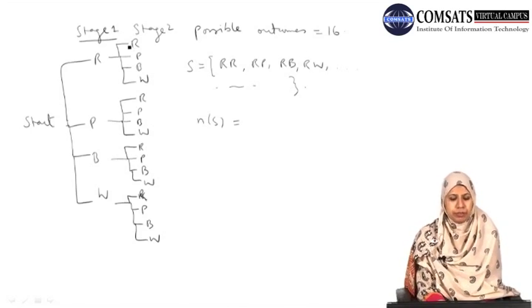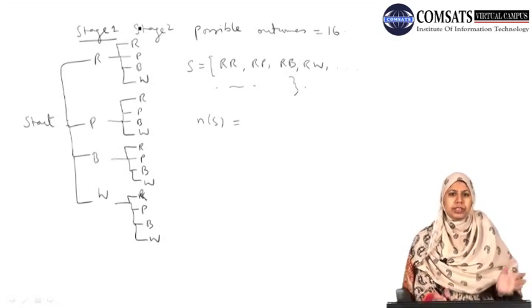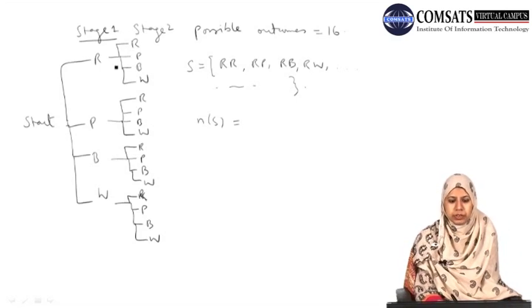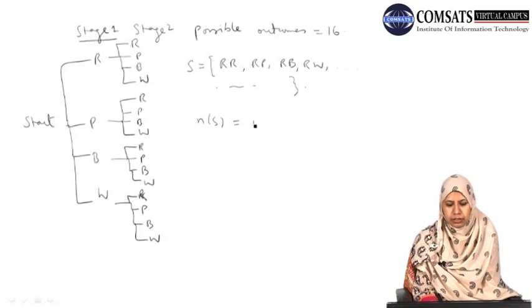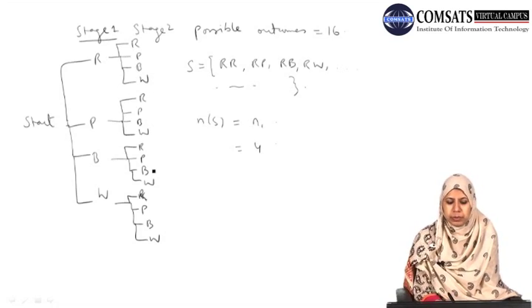Yes. The formula is very simple, which is nothing but by using the basic counting principle. That is, at stage 1, how many possibilities we have? At stage 1 we have 4 possibilities, and at second stage how many possibilities we have for each of the possibility?